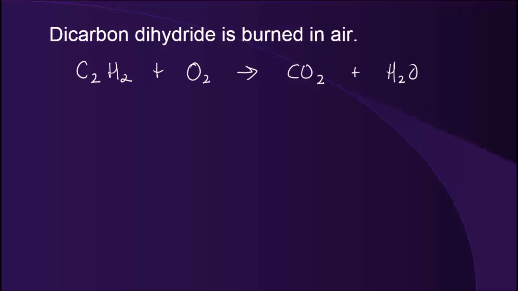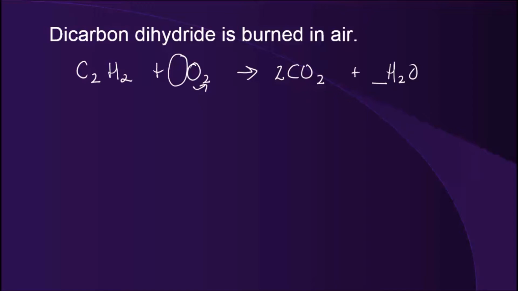Now we need to balance. 2 carbons, 2 carbons. 2 hydrogens. Oh, there's 2 hydrogens right there. And that makes me stop. This number has to be an even number, because if it's not, then there is no way in the world that I can balance it. Because here I am trapped.